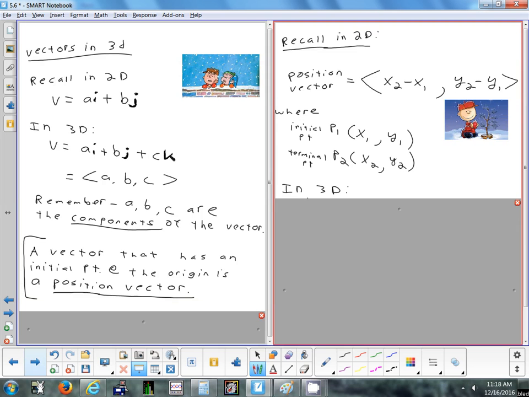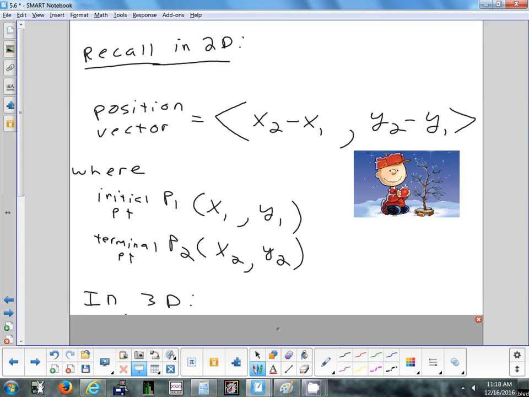Can you tell me specifically what I'm going to add, John? Yeah, I'm just going to do z2 minus z1. And that's going to be your last component inside those brackets.